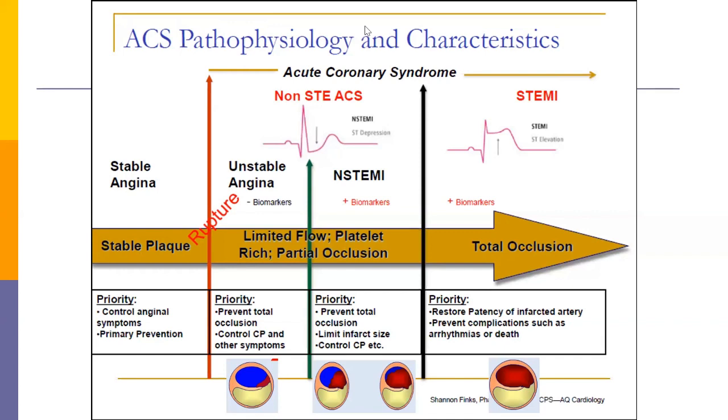Then our priority is preventing total occlusion, controlling chest pain and other symptoms. Then as we go further, the priority remains preventing total occlusion, limiting infarct size, controlling chest pain, among others.